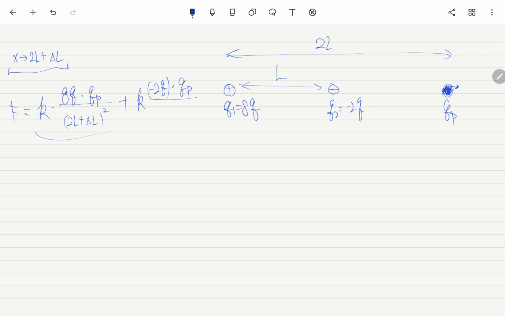So for this one, it should be x minus L. This is x equals to L. Okay, so here x is 2L plus delta L rather than 2L. So here we only have an L plus delta L quantity square. Okay, so here we only need to consider whether this F is positive or negative.